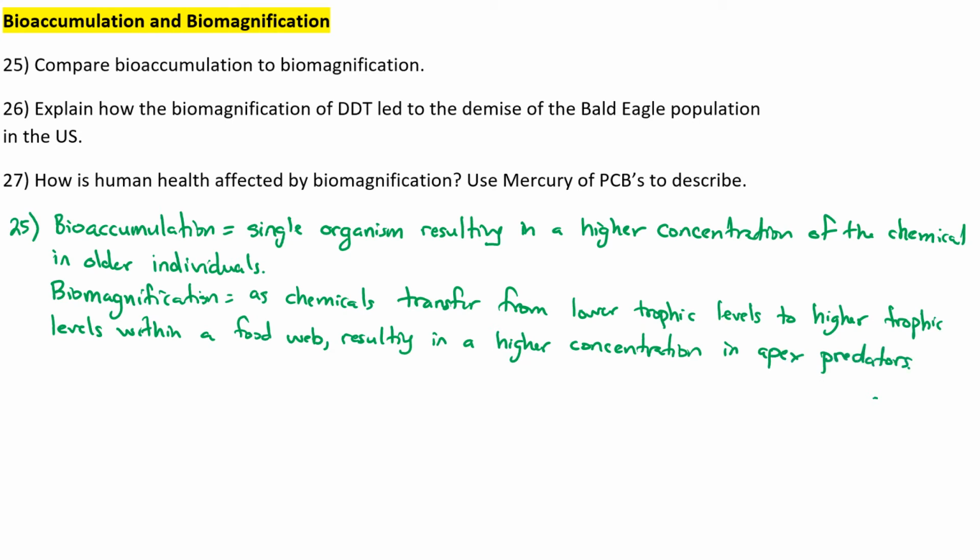Number 26. Explain how the biomagnification of DDT led to the demise of the bald eagle population in the US.